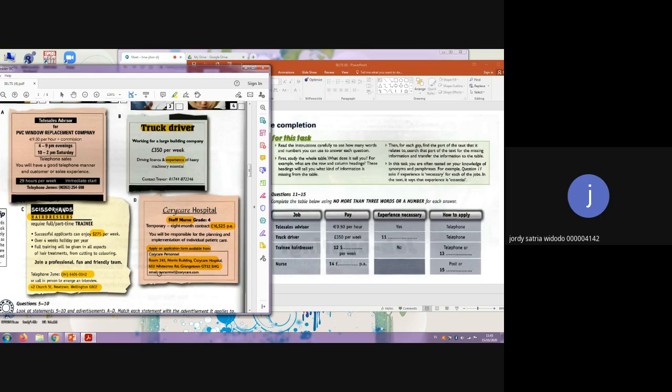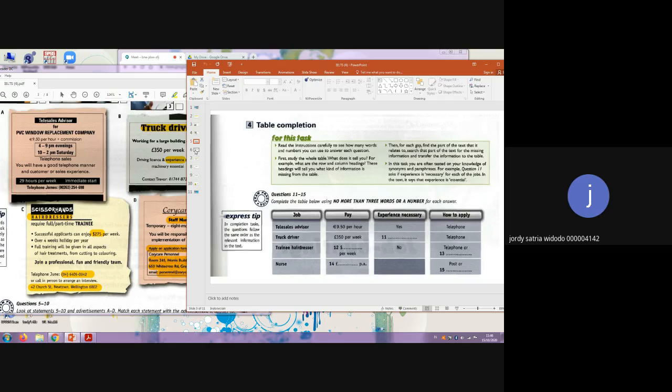Then you can email it. In number 15, you can write down send an email. Why? Because it is no more than 3 words or a number. Send an email consists of 3 words. Okay, great.